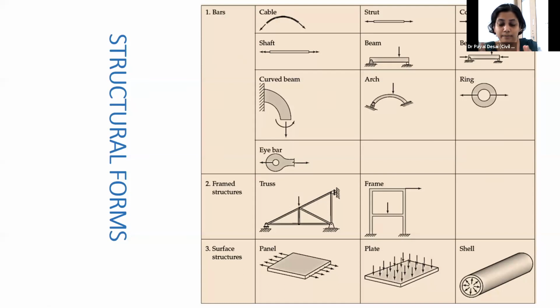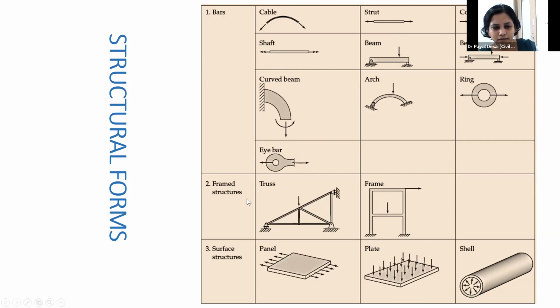Depending on the functional requirement, what type of structural form one has to choose depends not only on functional requirement, but also on many other significant factors such as the aesthetic requirement, the material availability, the foundation conditions, and also the economic conditions. The shape of the structural form is based on that.